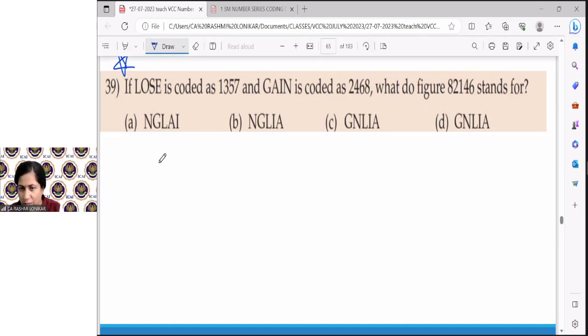So LOSE is 1357. So L has the number 1, or we'll do it the other way around.